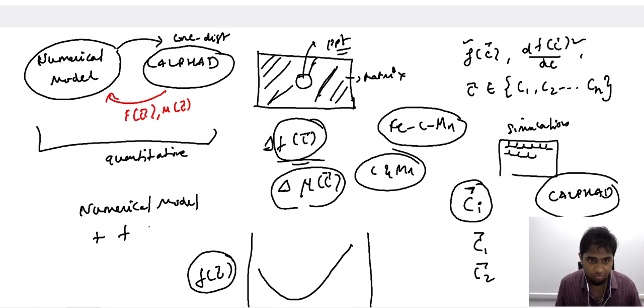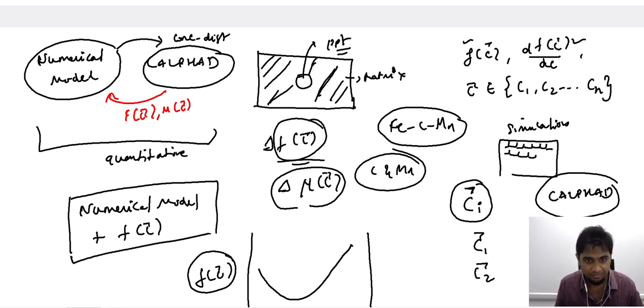So plus the numerical model, we include the approximation that we have developed, and what we end up having is an all-inclusive model. Now this is also quantitative in nature.